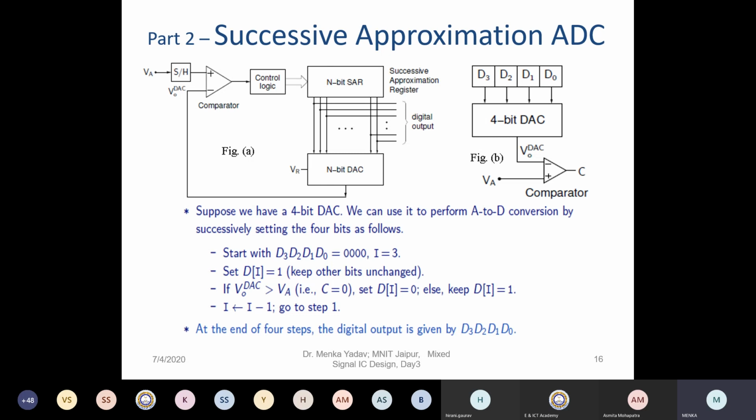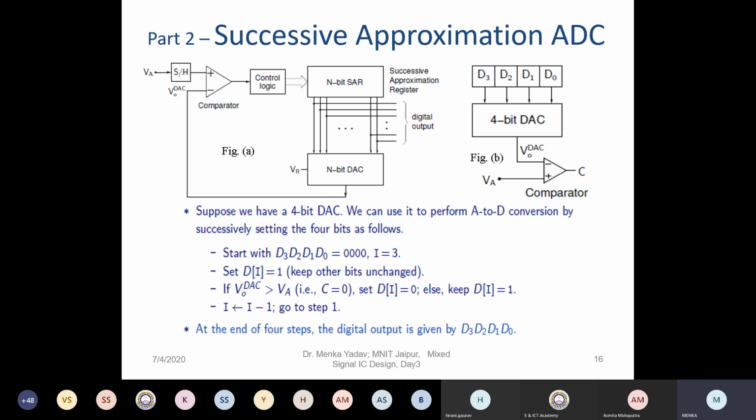is the full form of SAR. Okay, and the output of that SAR is the digital output of n-bit. Correct. Then we have again n-bit DAC, digital to analog converter. Whatever output we will get from there, that output is fed to the negative part of the comparator.